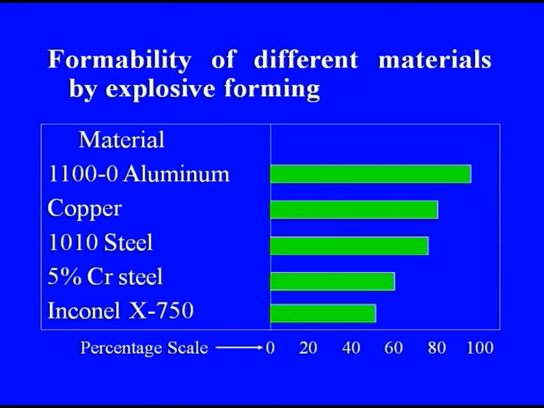So, copper has got very good formability, almost matching the standard base alloy of aluminum 1100. Then, followed by almost similar is the 1010 steel, followed by 5% chromium steel, followed by Inconel X-750, which has got among this list something around 50% of that of aluminum 1100 series.